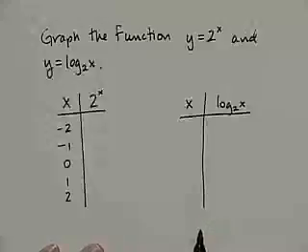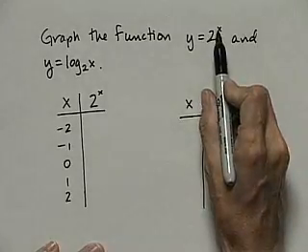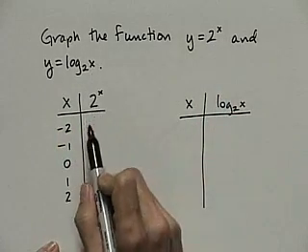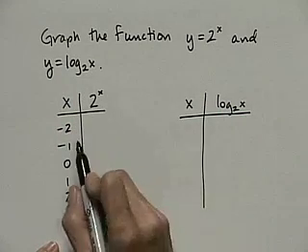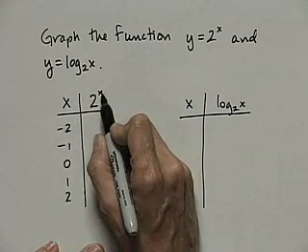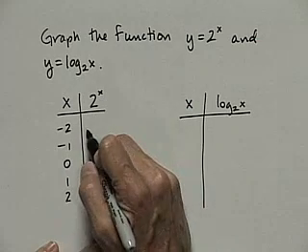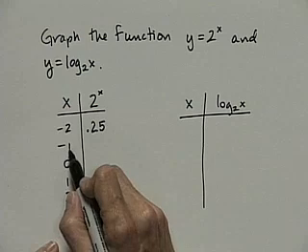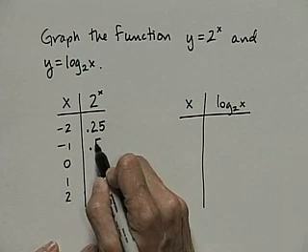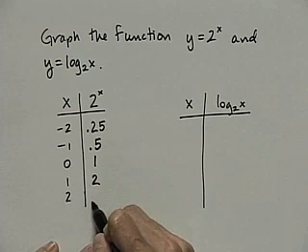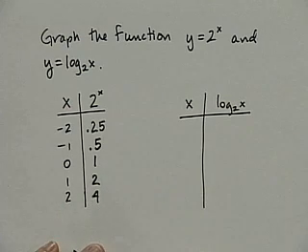What we want to do is graph the function y equals 2 to the x and the function y equals log base 2 of x. We'll do that by making tables of values, starting here with 2 to the x. If x is negative 2 in this function, I find 2 to the negative 2, which is 0.25. 2 to the negative 1 is 0.5. 2 to the 0 is 1. 2 to the 1 is 2. 2 squared is 4.